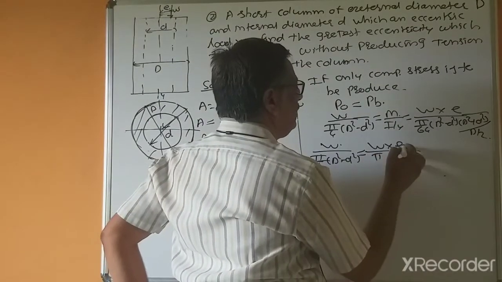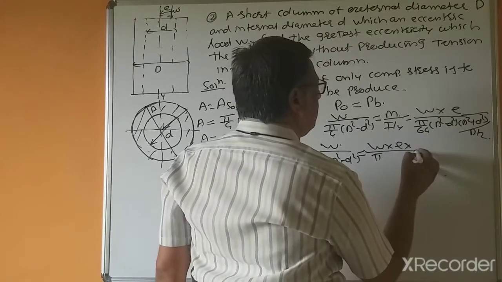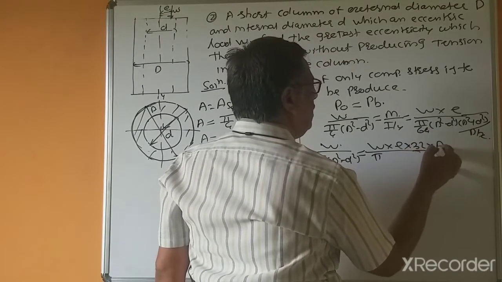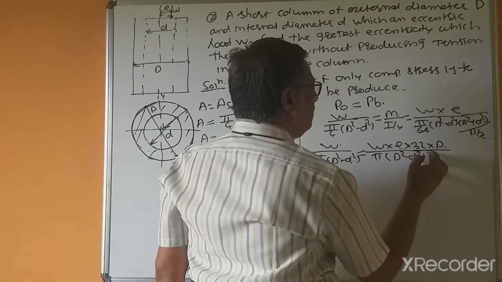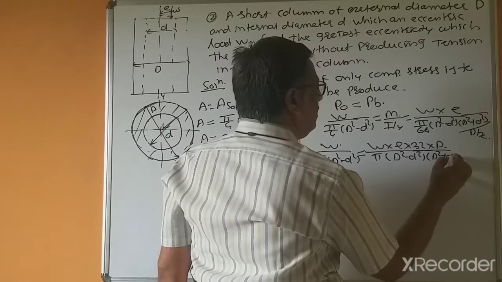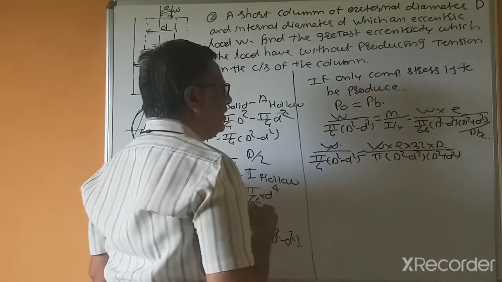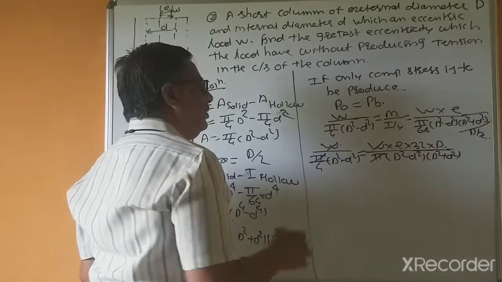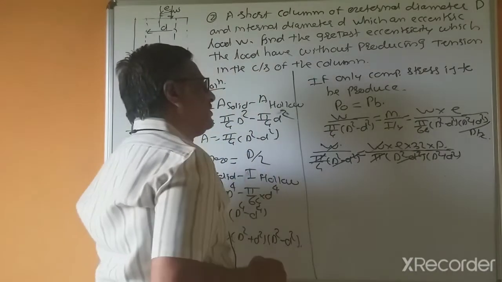Same equations we can write. This W will get cancelled, this pi will get cancelled, and this capital D squared minus small d squared will also get cancelled.